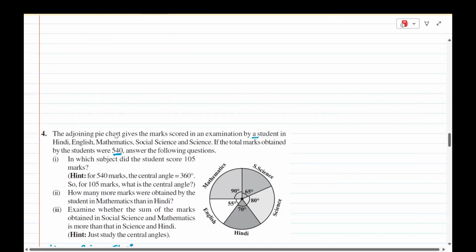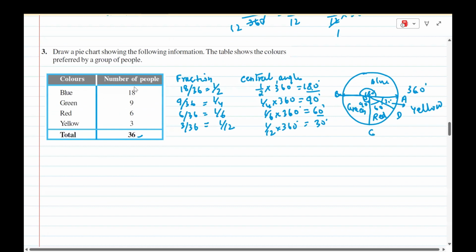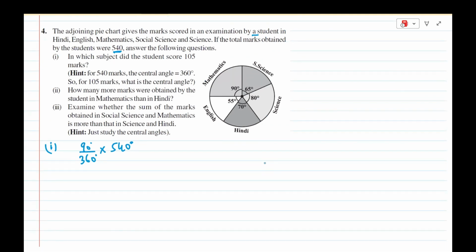See, even in question number 3, what we did, this amount divided by the total, which was 36 here, and then that fraction multiplied by 360 degrees, the total angle. Here, again, 90 degrees, total is 360 degrees, correct? And out of total, these are the number of students.